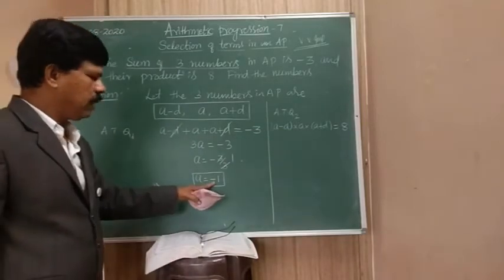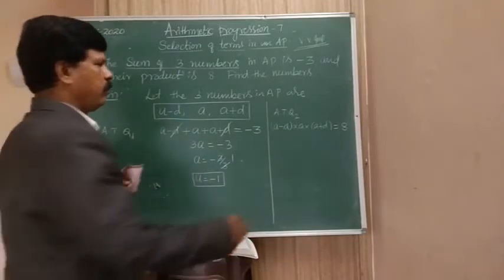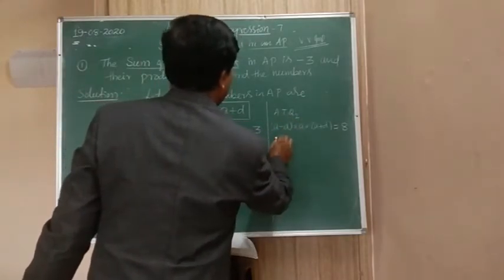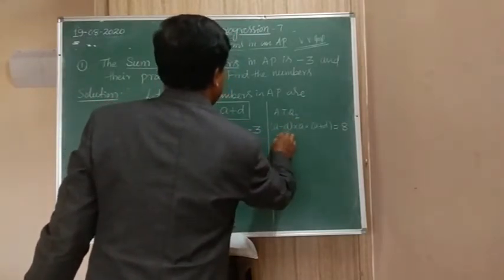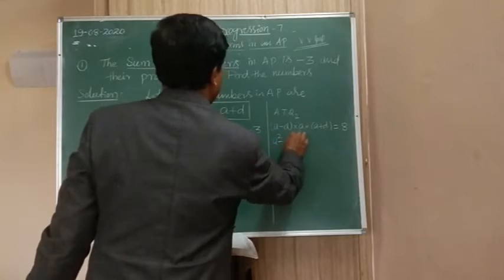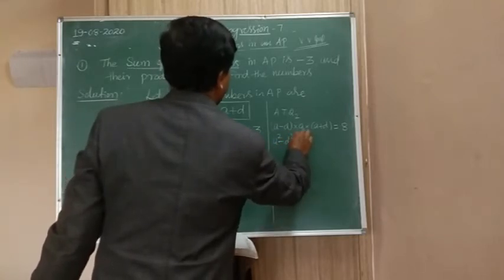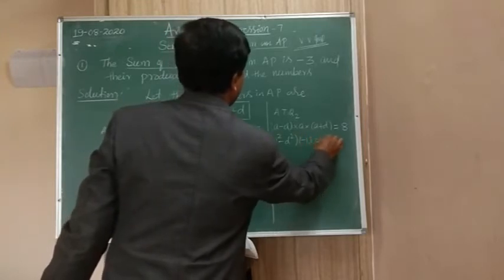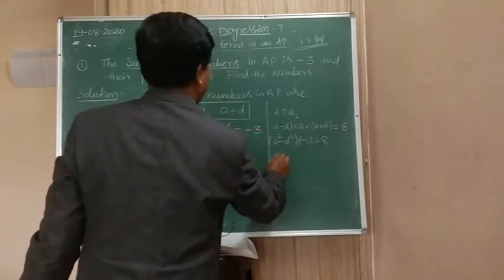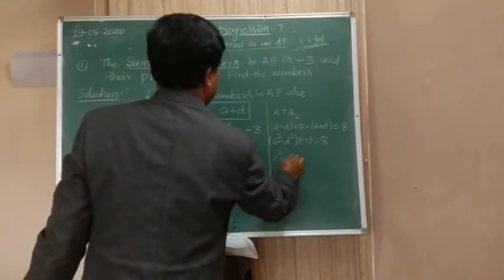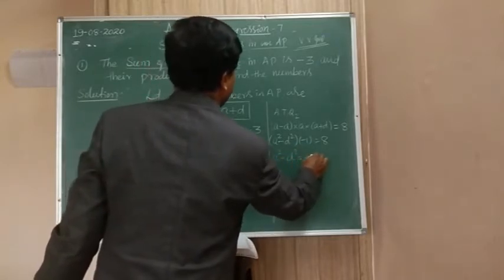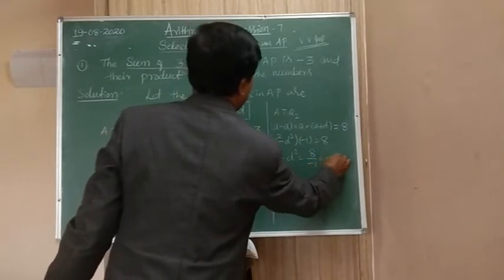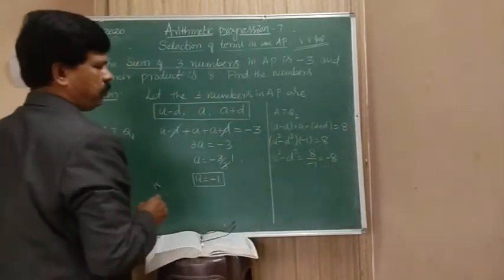Now substitute the value of A. First you can take this one: A minus D, A square minus D square, into -1 equals 8. Then A square minus D square is equal to 8 by -1, that is -8.